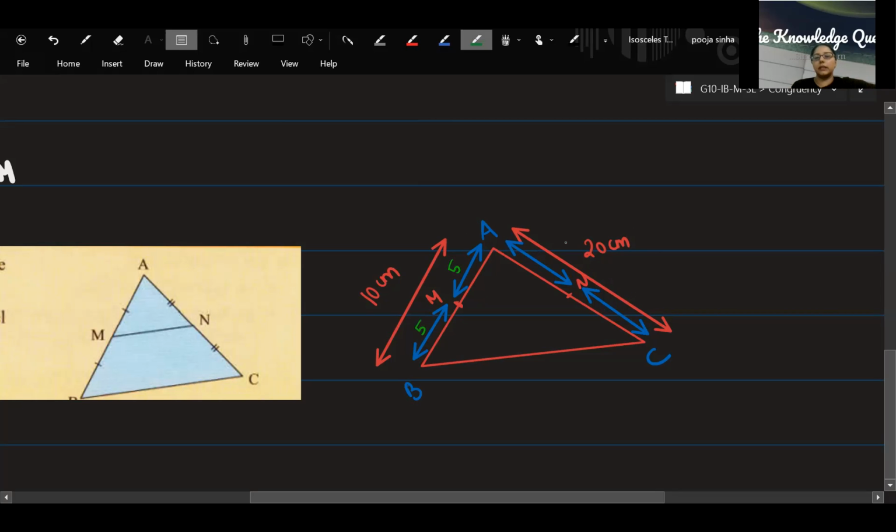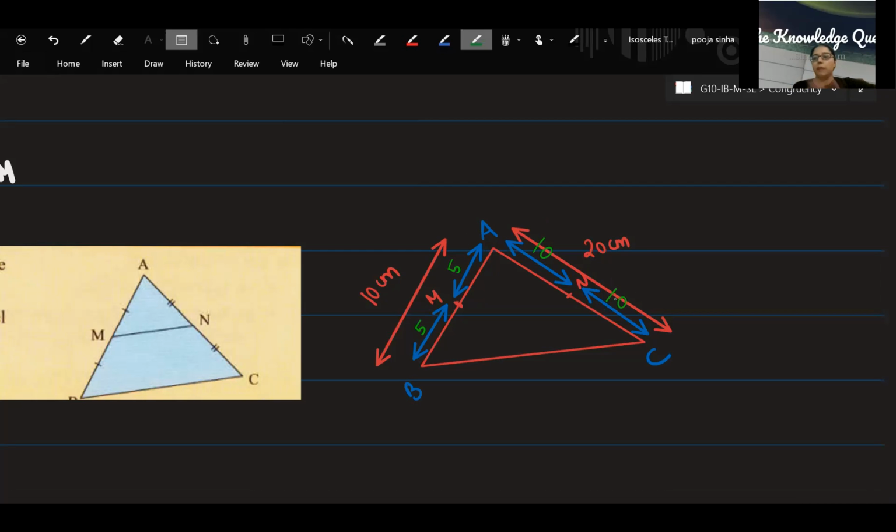If this entire side is 20, then this is 10. I did not say that AB is equal to AC. Did I say it's an isosceles triangle? No. So any confusion in this part? This part is understood, right?